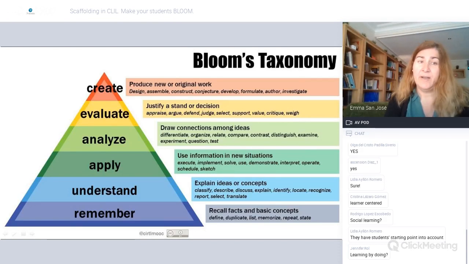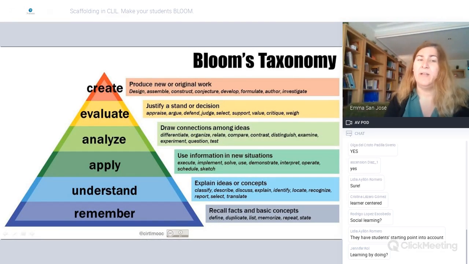Then we're going to analyze that information, which starts to be a bit more difficult. And think of some students that you may have in class. You see how some of them may start struggling at this point, okay? That they're okay with remembering things, they're okay to understand them, they can apply them in a different situation if it's not too far from what you have done before.